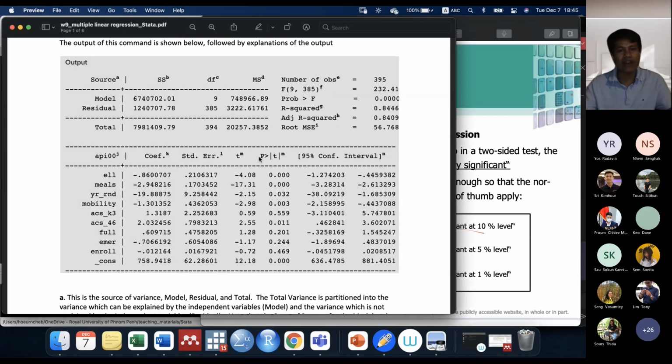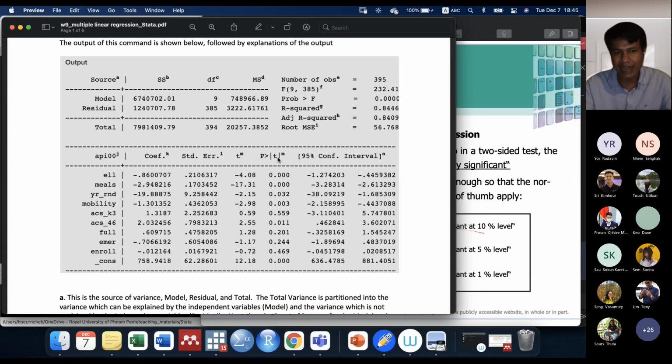But so far we already learned about p, right? The p-value of t here is already constructed. If you remember, we must interpret p first, before we interpret economic significance. Economic significance is the coefficient, statistical significance is the p-value.